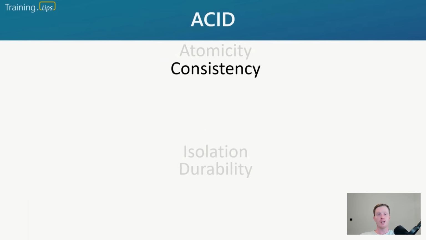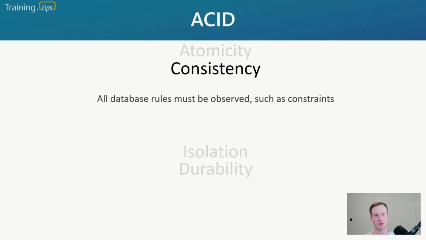The second thing we look at in this ACID acronym on databases and why we use databases is consistency. Consistency says all database rules must be observed, such as constraints. So constraints could be, we can't add text to a column which we've said is a numerical field, right?